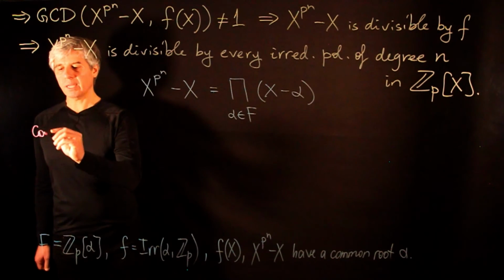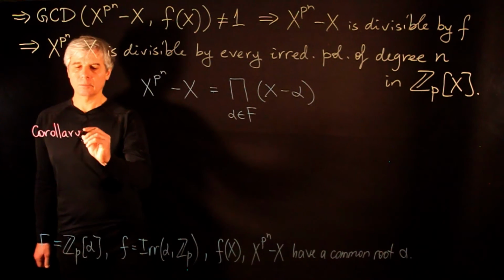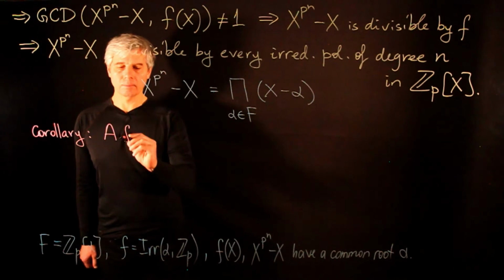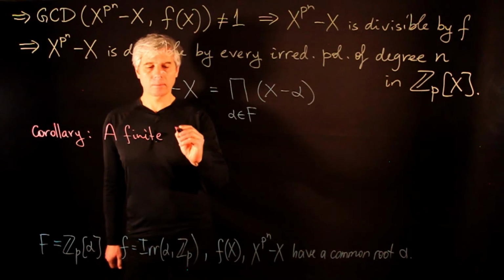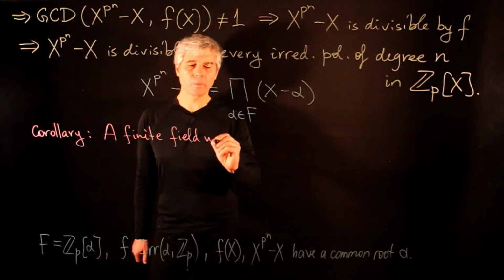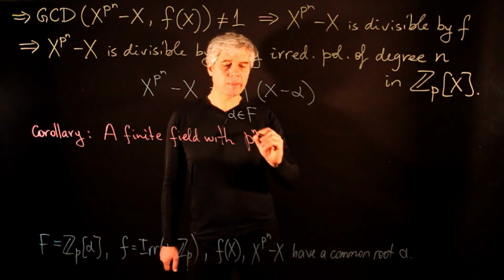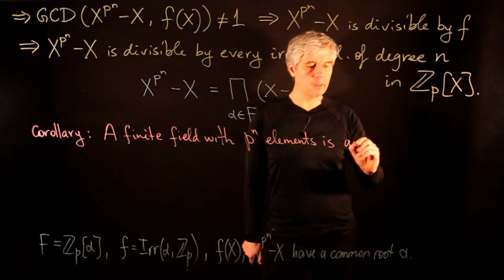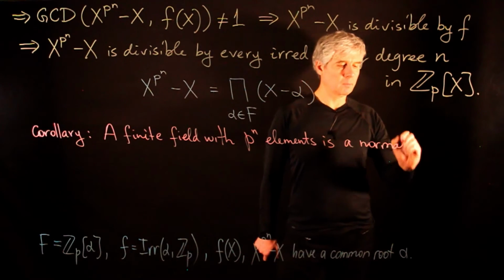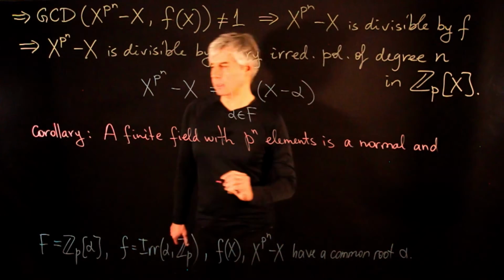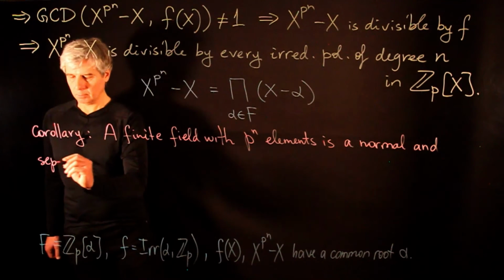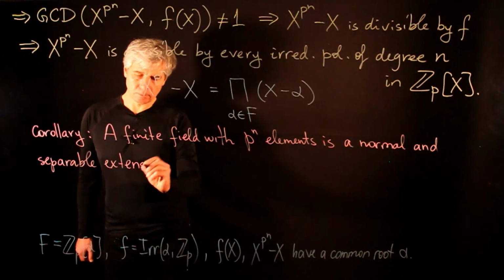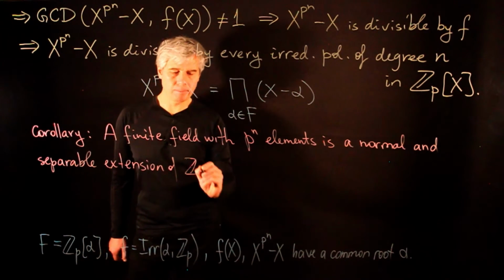Another corollary that we get here is that a finite field with p to the power n elements is a normal and separable extension of Zp.